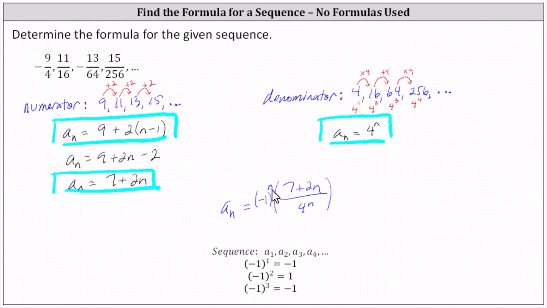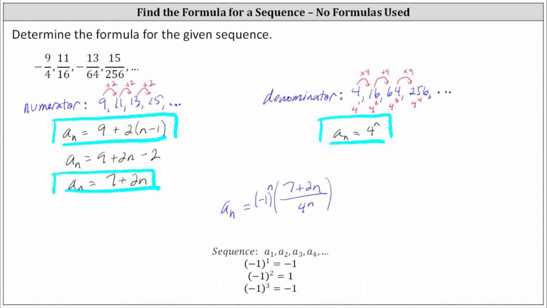Notice when n is 1, meaning we're looking for the first term, we have -1 to the first power, which is -1, and then times the formula we know works for the numerator and denominator. A sub 2 would give us negative 1 to the power of 2, or negative 1 squared, which would give us positive 1, and notice the second term is positive.